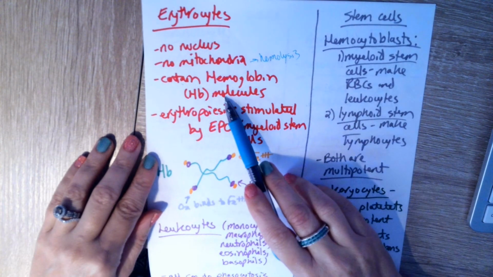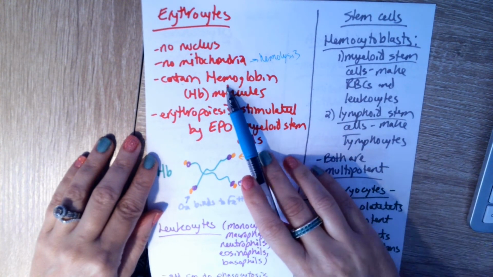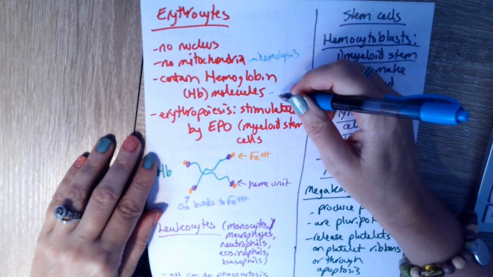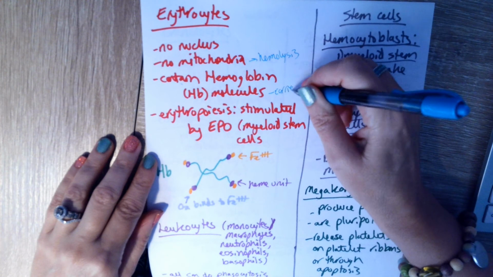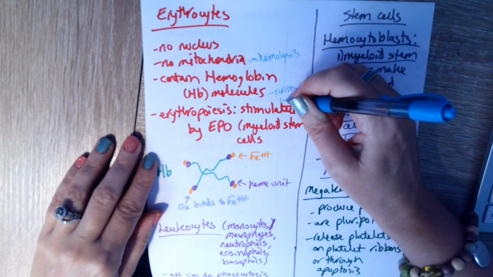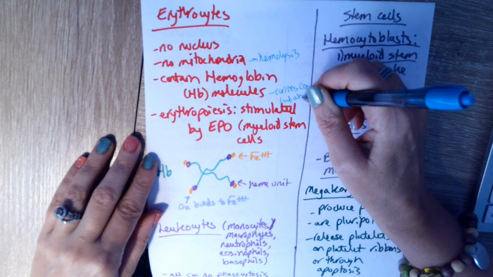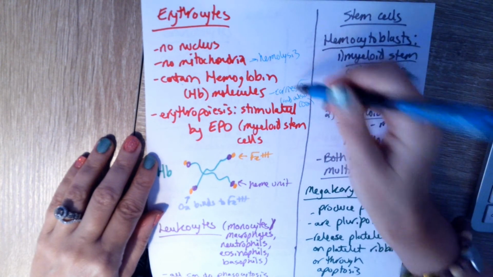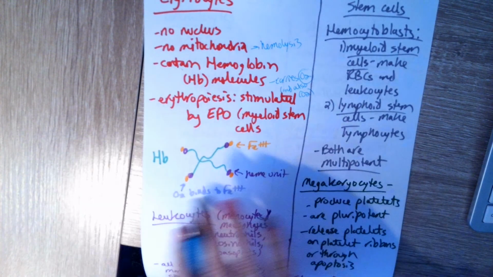Now inside an erythrocyte, you have hemoglobin molecules, Hb, and this is what carries the oxygen, and also carbon dioxide to an extent. Mostly oxygen, more oxygen than carbon dioxide.